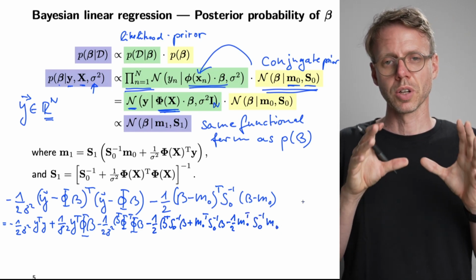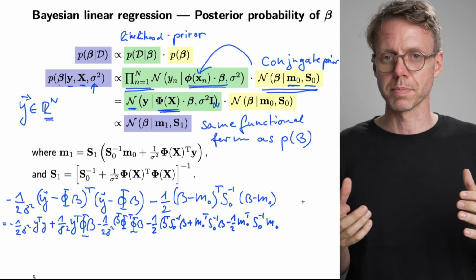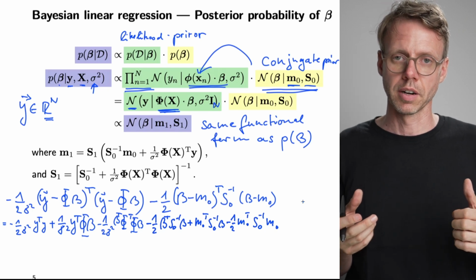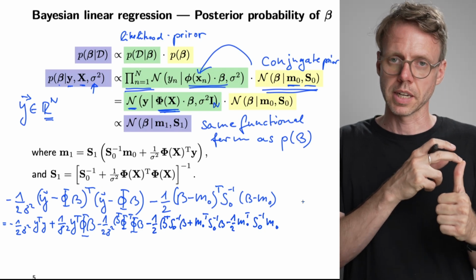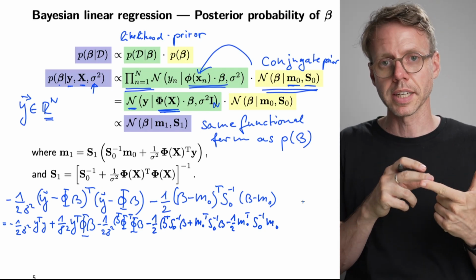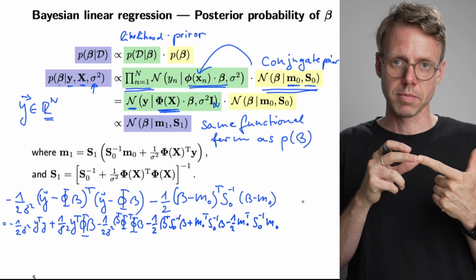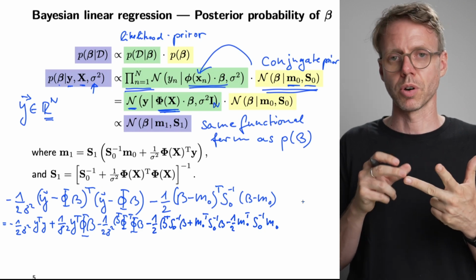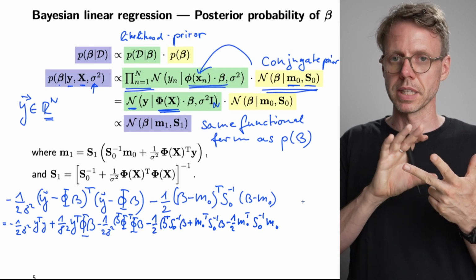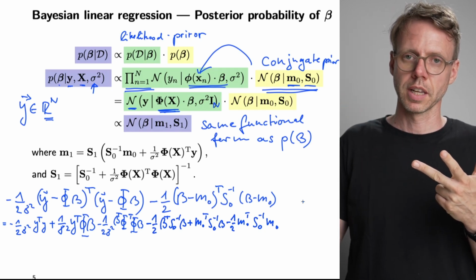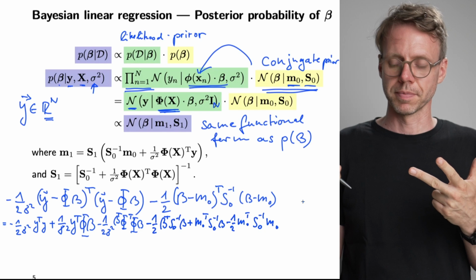Now we will group all of these terms by whether they are linear in beta, the variable of interest, quadratic in beta, or whether beta doesn't appear at all, which means that we would move it into a constant.